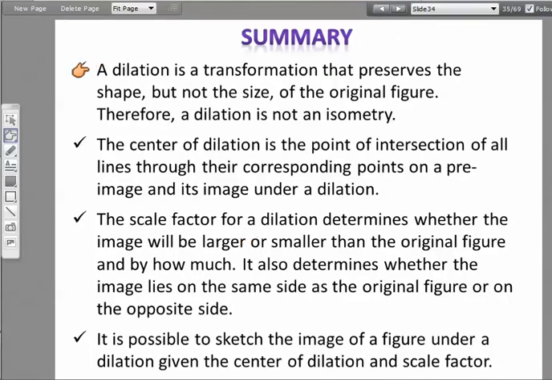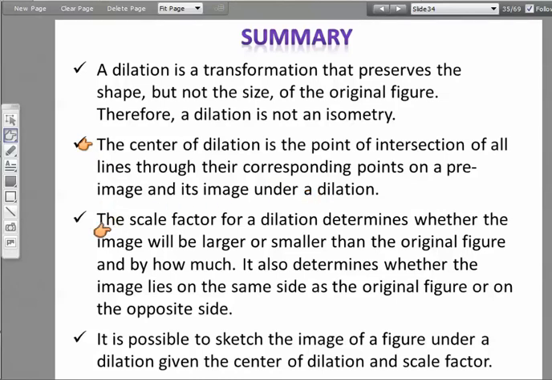Okay, what we talked about today, a dilation is a transformation that preserves the shape but not the size of the original figure. Remember what I told you at the beginning, a dilation is not an isometry. The center of dilation is the point of intersection of all lines through the corresponding points on a pre-image and its image under a dilation. And remember, dashed lines through the points.